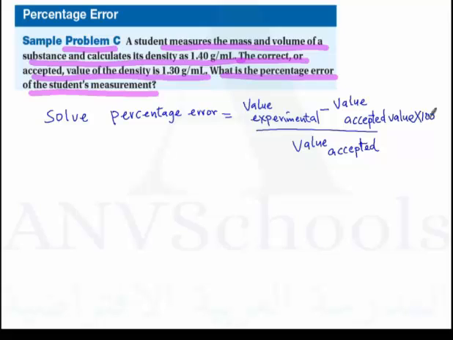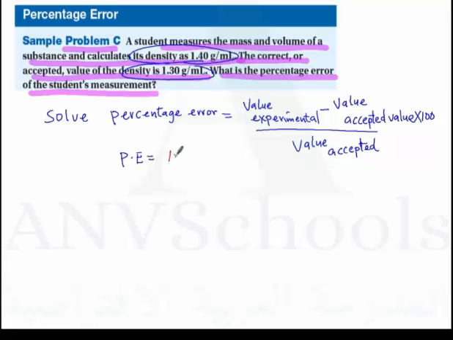So the percentage error here will be: the density given first is the calculated one, and the second is the accepted value.